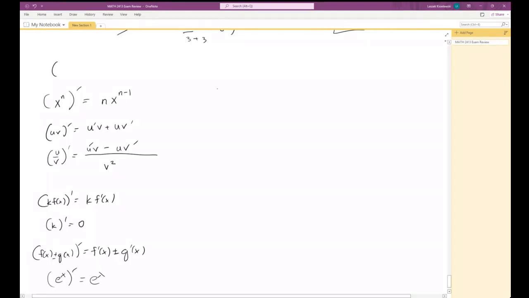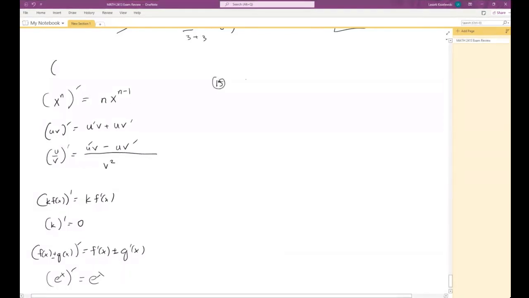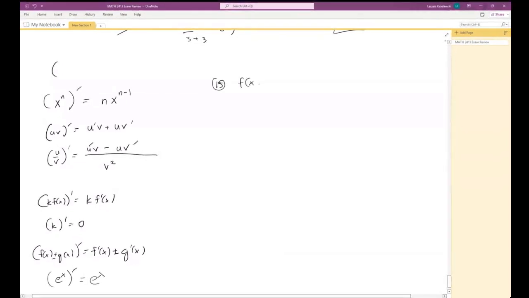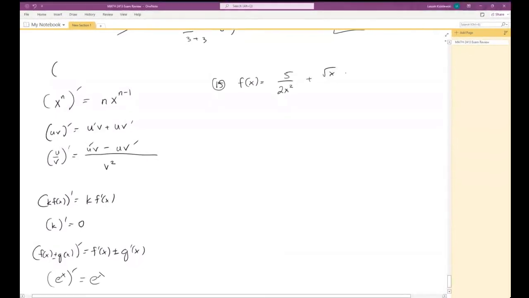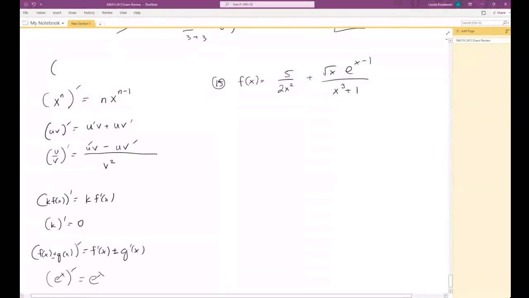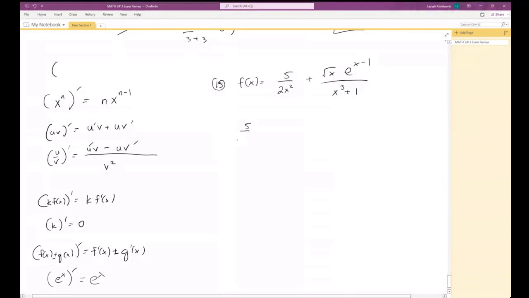All right, so now let's look at this function and try to apply all these rules in order to find the equation of a tangent line. Let's look at some of the terms, like 5 over 2x squared, just to anticipate what's going to happen.